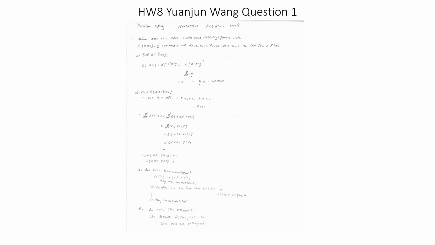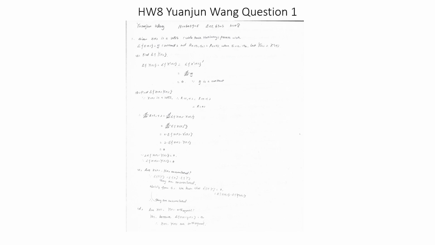So it's going to be equal to the derivative of E of x of t squared. And then we take the square outside of the parenthesis, so we get 2 times E of x of t times the derivative of x of t.